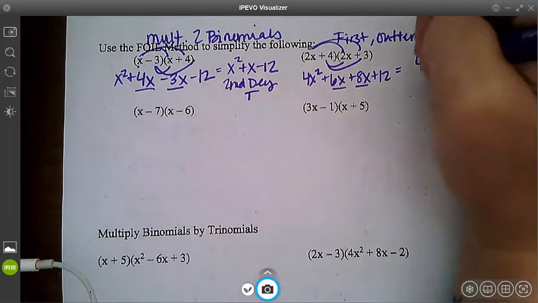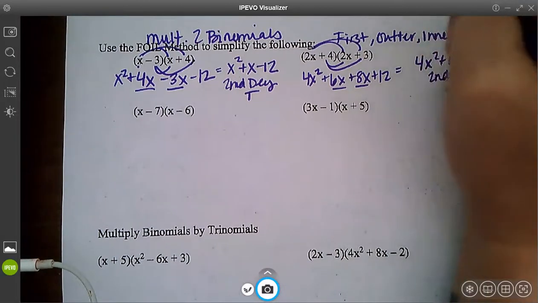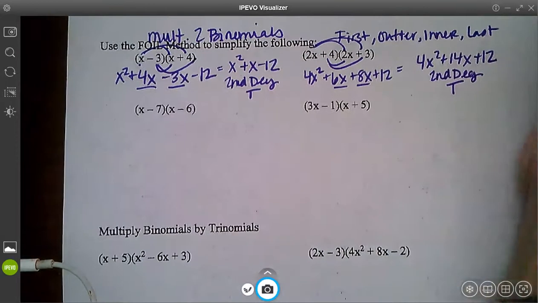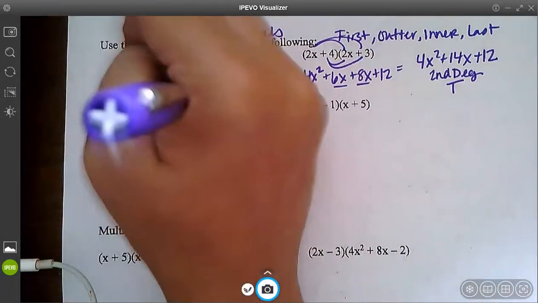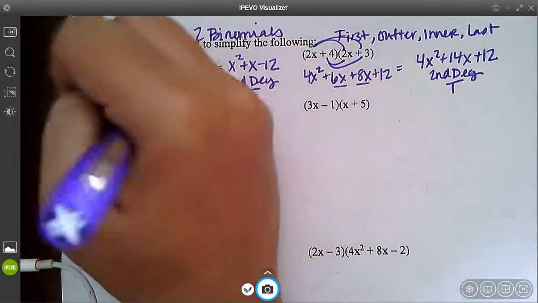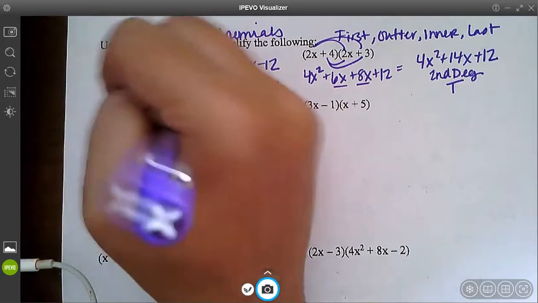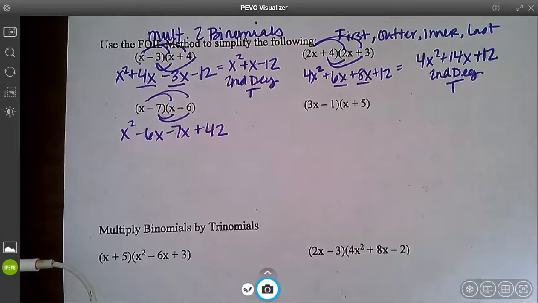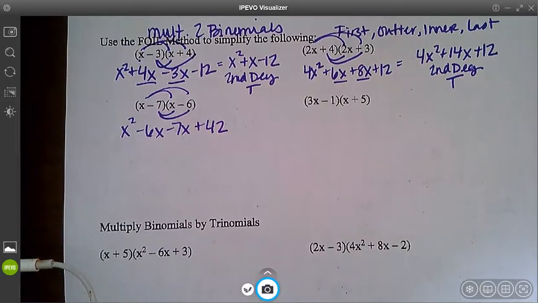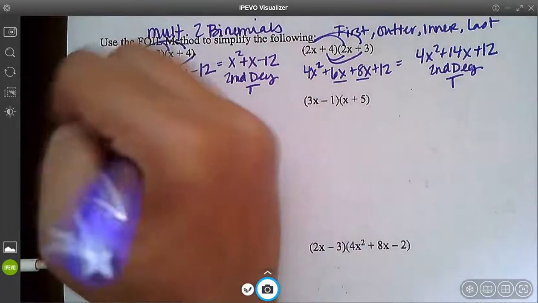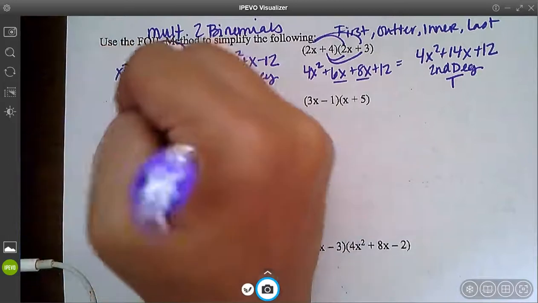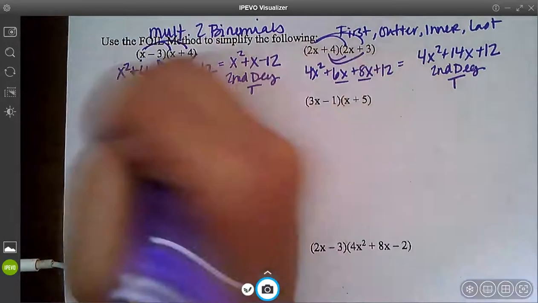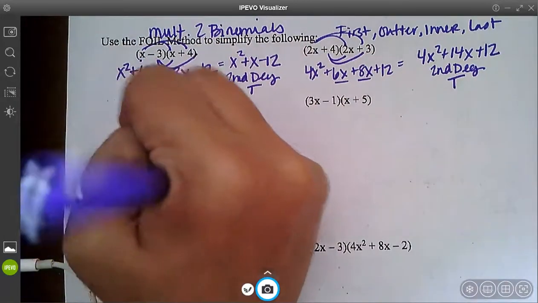That is a second degree trinomial. The next one, x squared minus 6x minus 7x plus 42. Combine your like terms, x squared minus 13x plus 42 is a second degree trinomial.